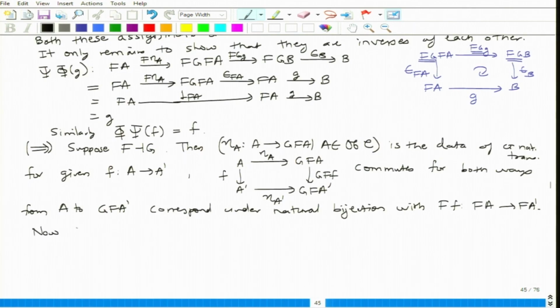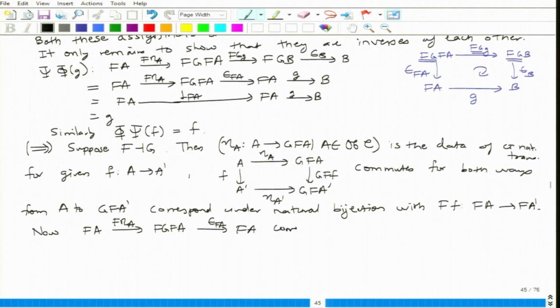now let's look at this. FA to FGFA to FA, F eta A and epsilon sub FA.